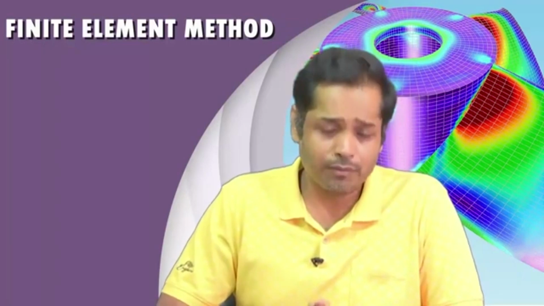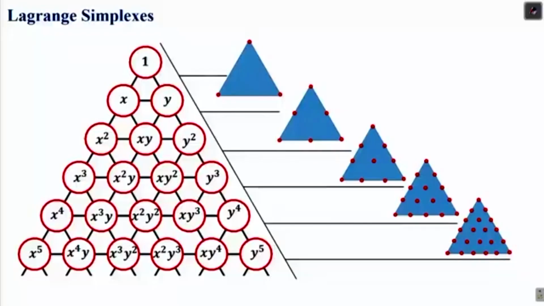Now, if you recall, in the last class when we talked about completeness, we introduced Pascal's triangle, and the triangle you can see on your screen is the same Pascal triangle. This is also called the Lagrange simplex for triangular elements.